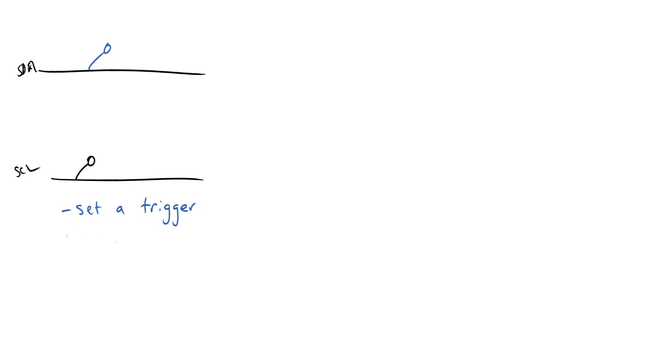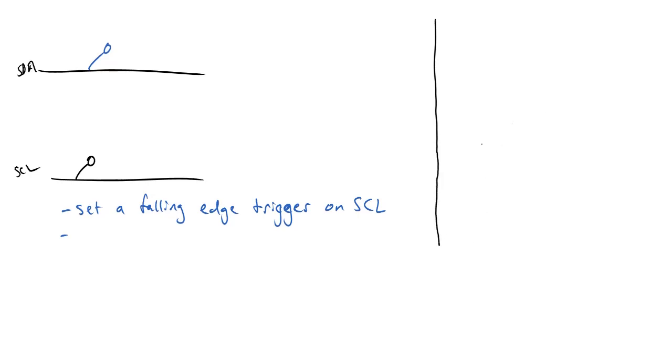It should be a falling edge trigger. You'll set a falling edge trigger on your SCL, and then you'll have your probe on SDA. And the cool thing is you'll have something like this as your clock.